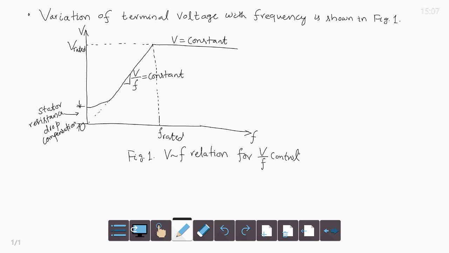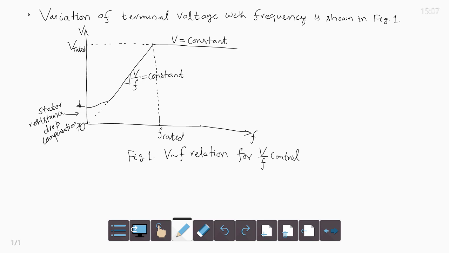The variation of the terminal voltage with frequency is shown in this figure 1, the V by F relationship for V by F control. At rated frequency, voltage is the rated voltage V rated.